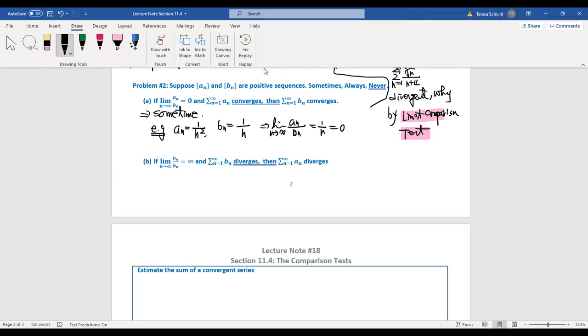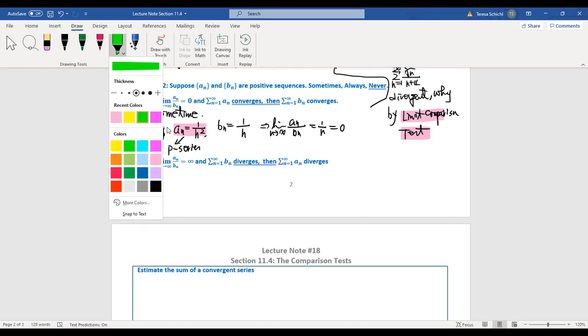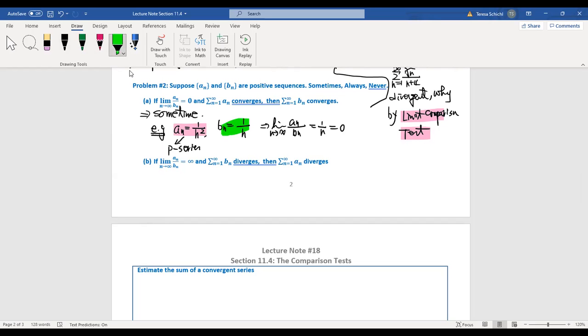But I know a_n converges, this one converges, because this is a p-series. But unfortunately, b_n does not converge. This is divergent, because this is a harmonic series. So that's why the answer for this one here is sometimes.